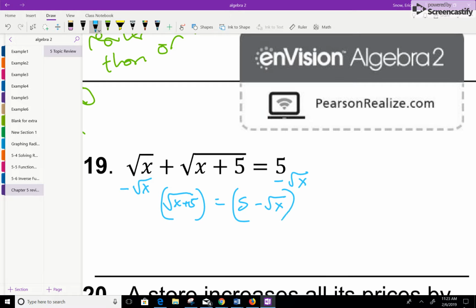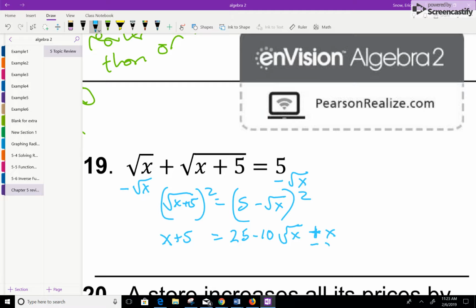Then we will square both sides. So we get x plus 5 equals, and then when we square this side, we're going to get 25 minus 10 root x plus x, excuse me.